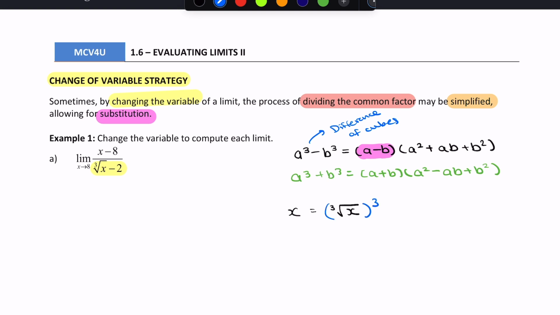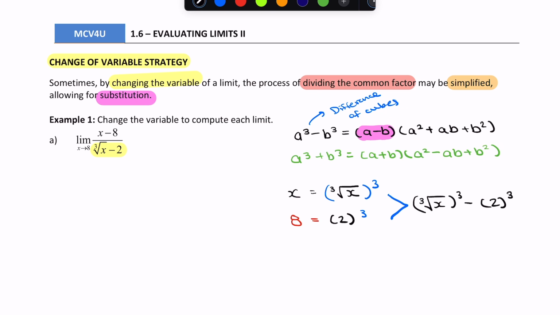And we know that 2 cubed will give us 8. So 8 is equal to 2 cubed. So here we can develop our equation for a difference of cubes: the cube root of x cubed minus 2 to the power 3, or 2 cubed.